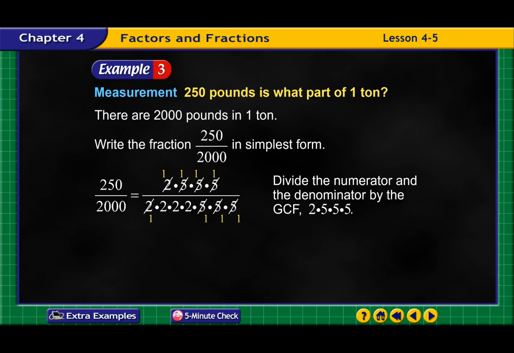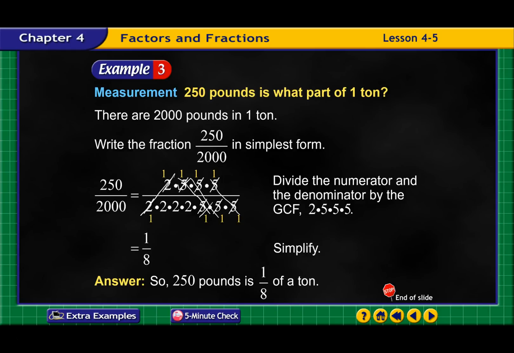So they factor treed them out and then canceled. These two canceled. This one canceled with this one. So now we're left with 1 on top and 2 times 2 times 2 on the bottom. So 1 over 8. So 250 pounds is 1/8 of a ton.